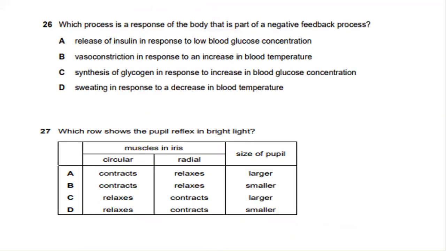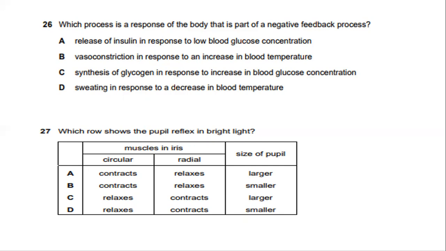Question number 26. Which process is a response of the body that is part of a negative feedback process? To answer this question, it is actually related to glycogen. Why is glycogen a negative feedback process? If the blood glucose level is too low, the pancreas releases the hormone glucagon.